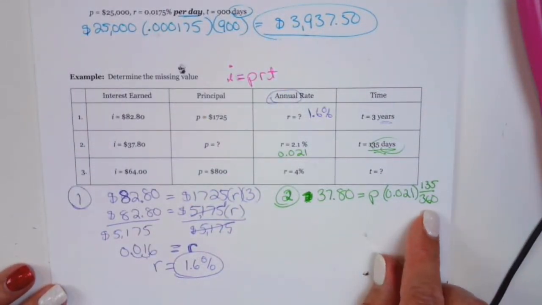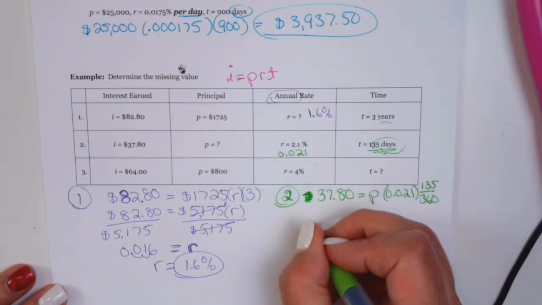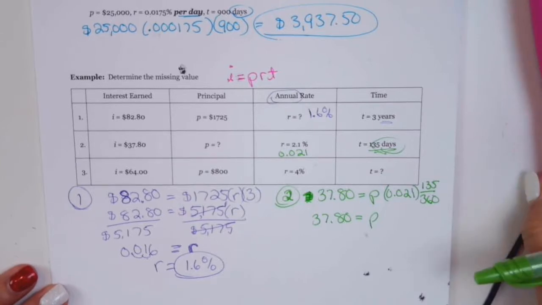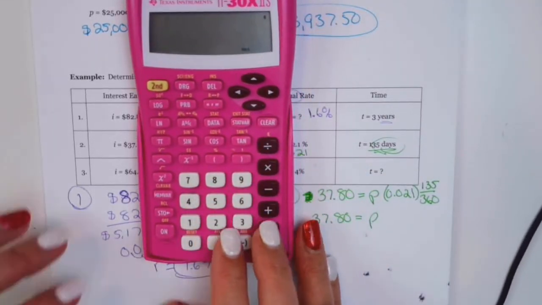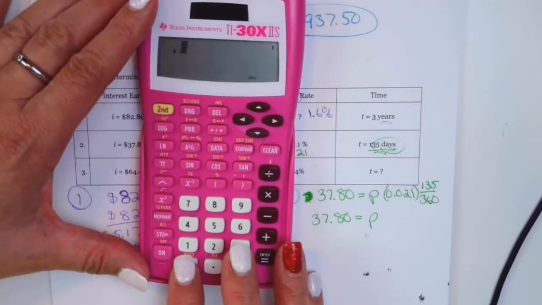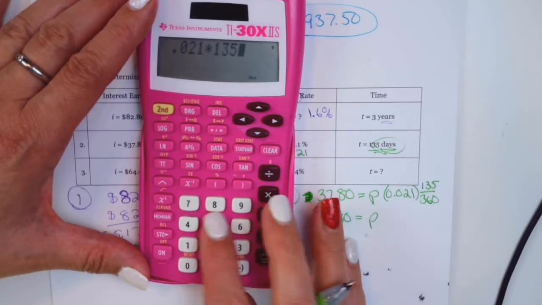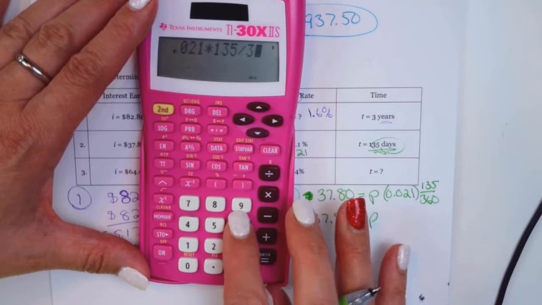So now I'm going to calculate this here. I have 37.80 here equals P times 0.021 times 135 divided by 360.